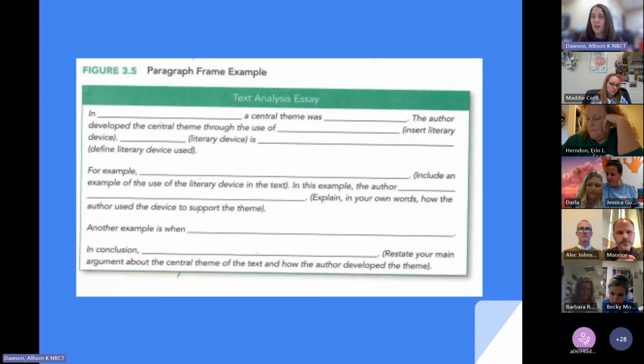So a very simple sentence with maybe just one blank, and maybe you even have some pictures to go with it, would be an appropriate scaffold for a beginning English learner student. This example looks like it's more for intermediate or an advanced speaker of English. So those can easily be modified.